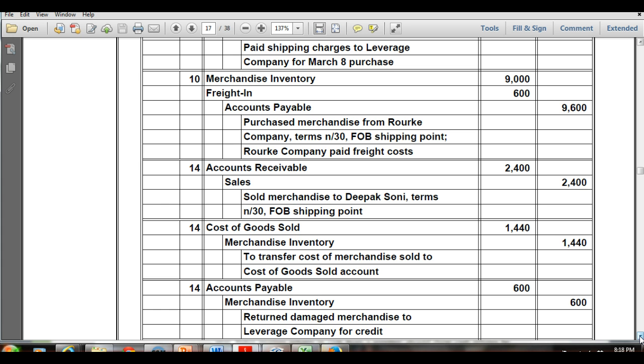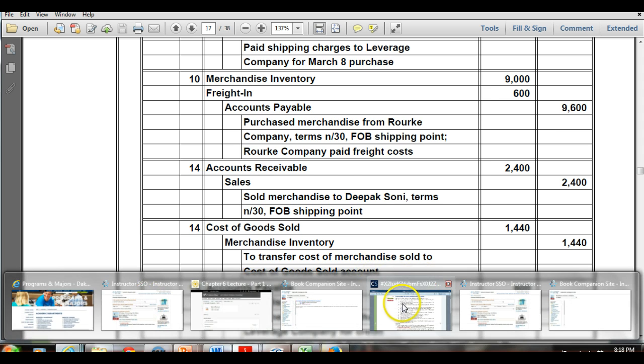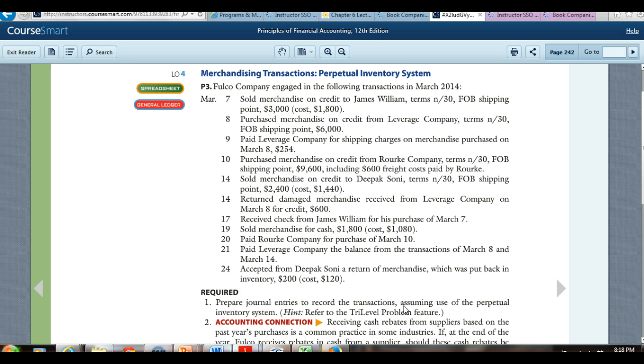Then next it says, returned damaged merchandise received from Leverage Company on March 8th for a credit of $600. So we purchased some product that was damaged and we're returning it. What are we going to do then, guys?